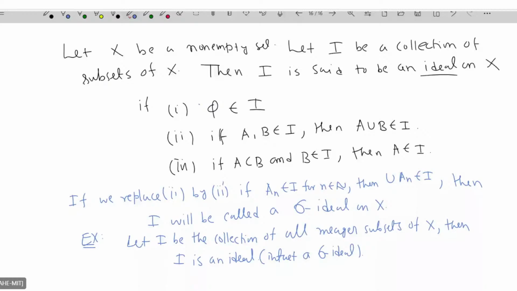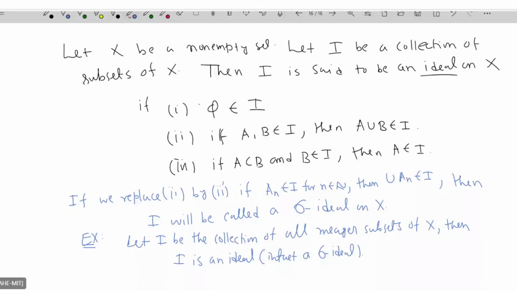If it is not a member of the sigma ideal, it is big enough. That's how we define in general in set theory whether a set is small or big. It depends on whether it is in that sigma ideal collection or not. Obviously, you can form a sigma ideal first, and now with respect to that, you can define whether the set is big enough or not. So that's the idea.